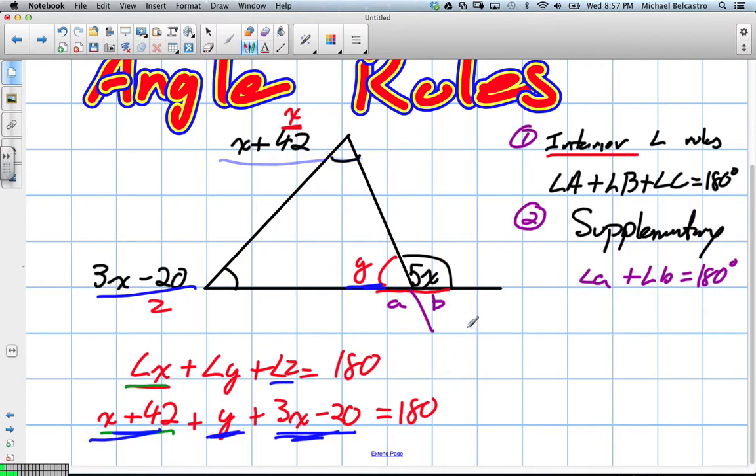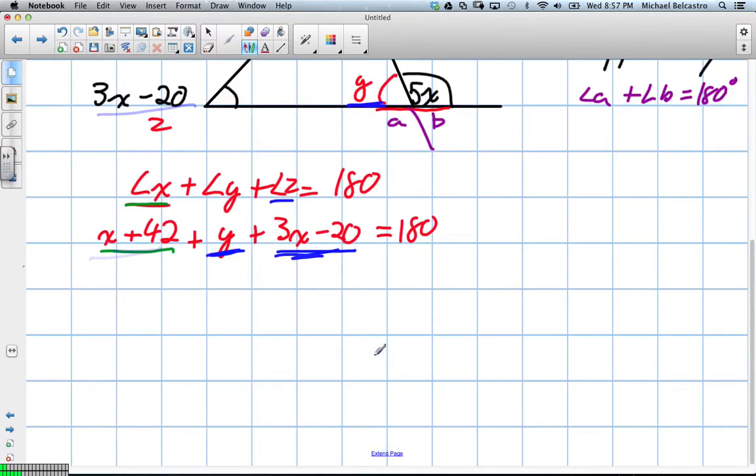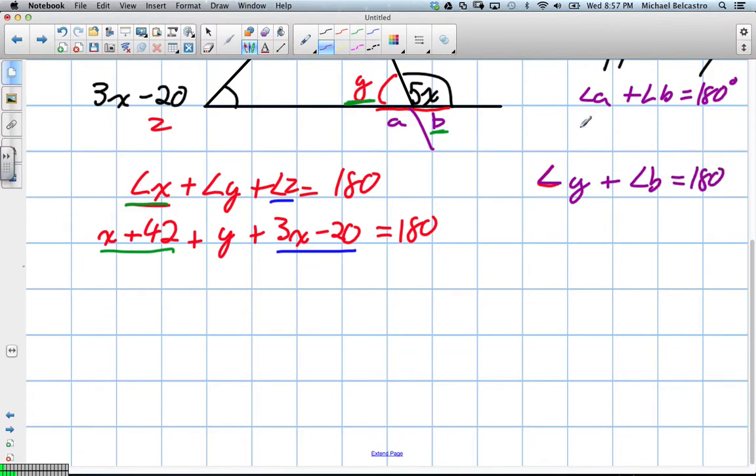We don't know what it is. So the problem here is I have two variables right now, an x and a y. We really need to isolate it to one variable. But I can relate y to x. I'm going to make another equation. The other equation we have, we'll call this b and angle y again. We know that angle y plus angle b equals 180, right?